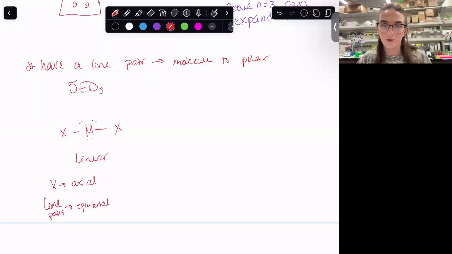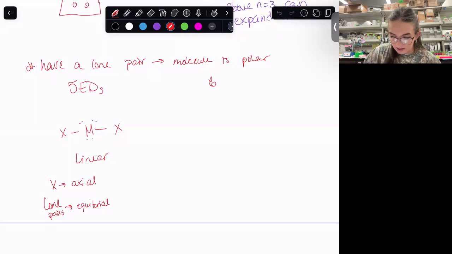The lone pairs being equatorial and the X's being axial will cancel each other out, and therefore this would be a non-polar molecule with lone pairs. Okay, so that's one exception.